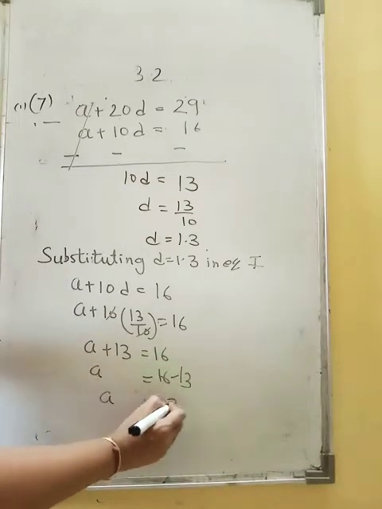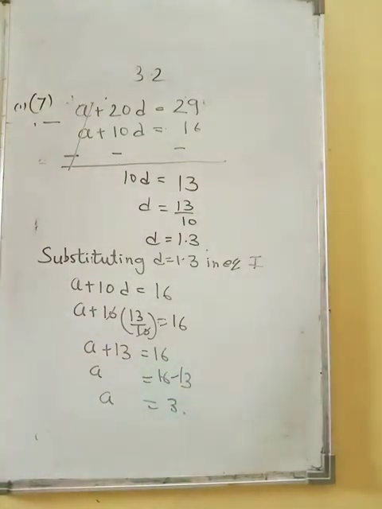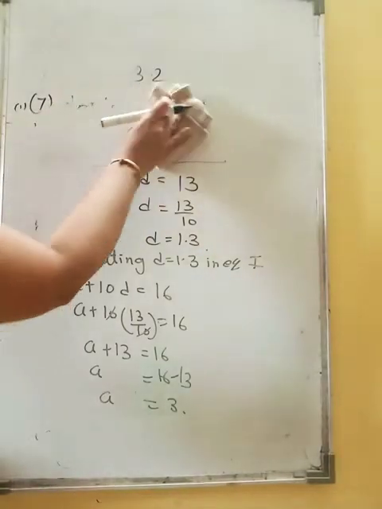So A is equal to 3, I got. But here also the sum is not ended. We have to find out T41. So once we know A and D, then we can use the formula and find out. So let us use this to find out T41. So what we will do?